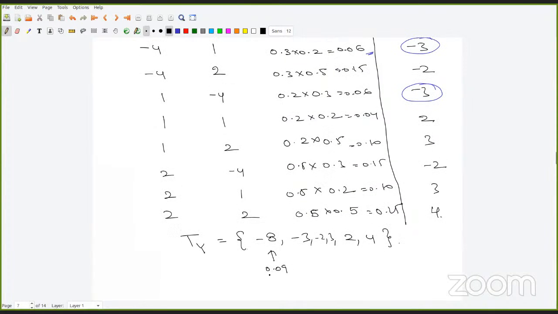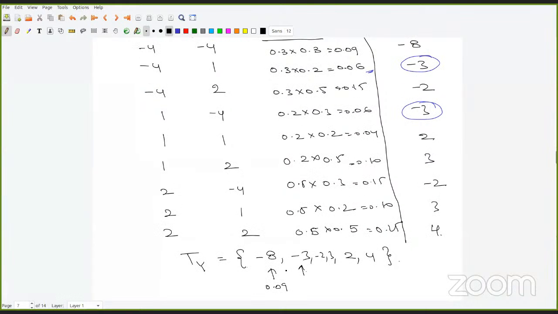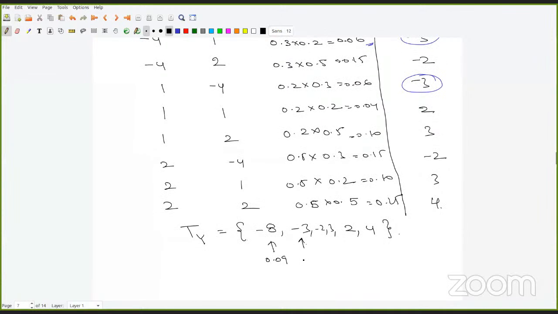So the probability that y takes -3 is the sum of the probability that x1 takes -4 and x2 takes 1, plus the probability that x1 takes 1 and x2 takes -4. That is 0.06 plus 0.06, so 0.12.